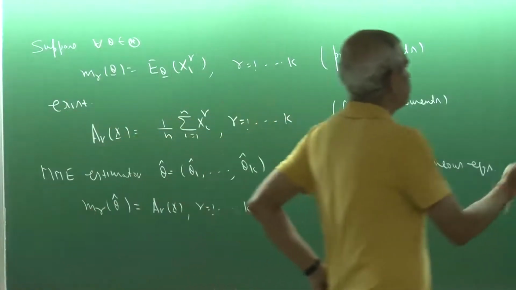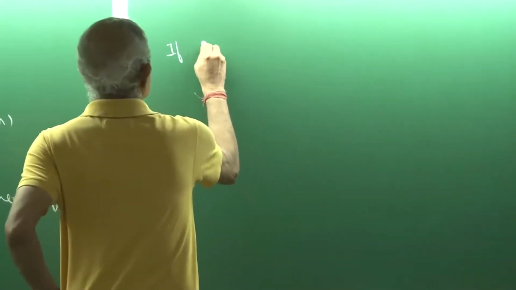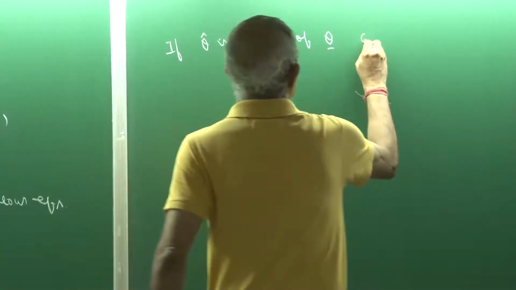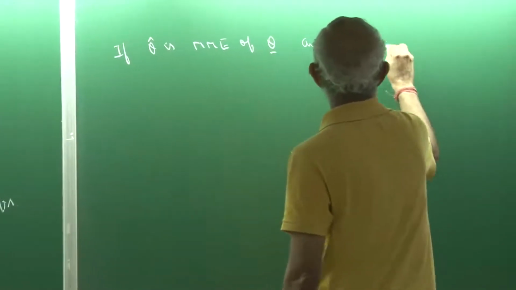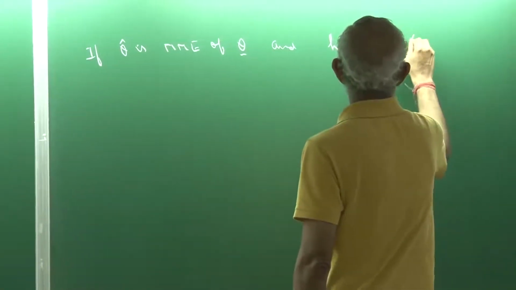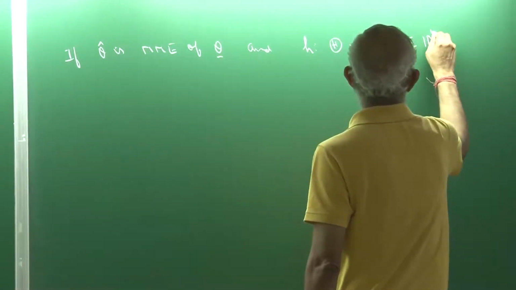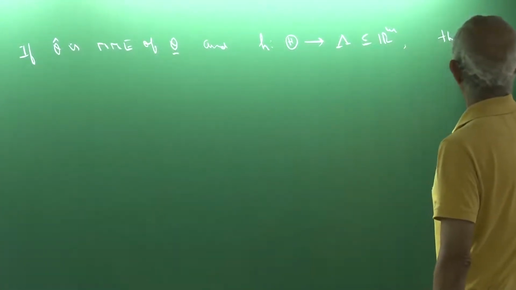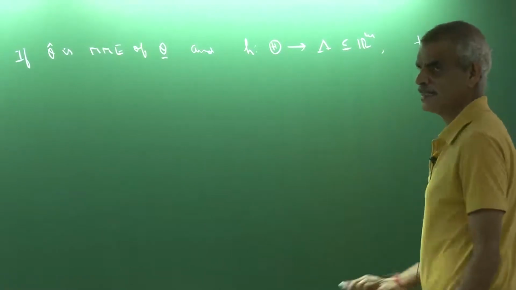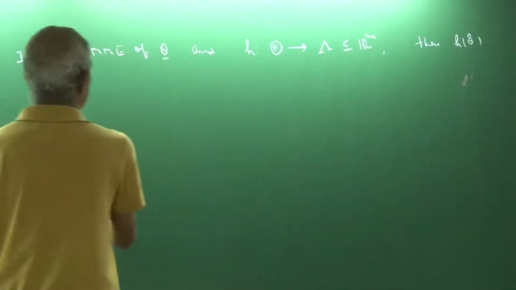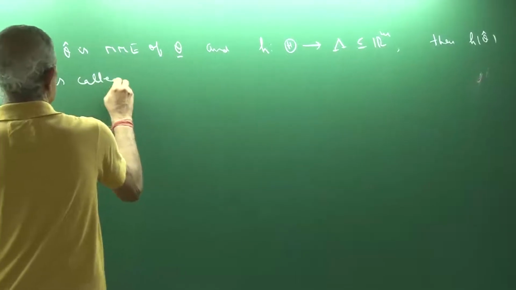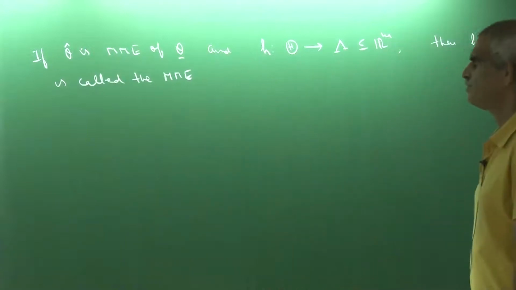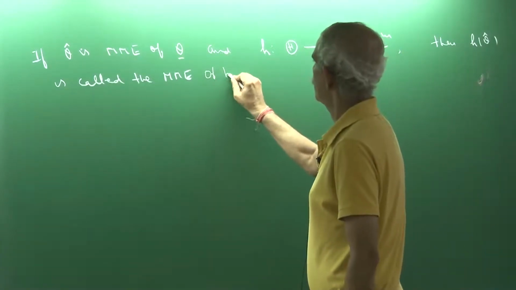Now, if theta hat is the MME of theta, and suppose h is a function from Theta to Lambda, which is a subset of R^m, then h(theta hat) is called the MME, method of moment estimator, of h(theta).